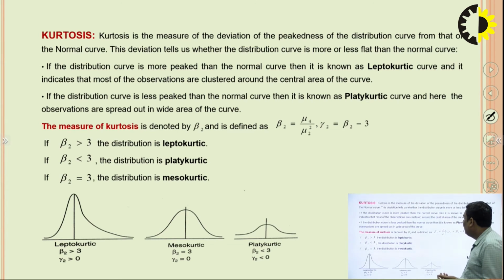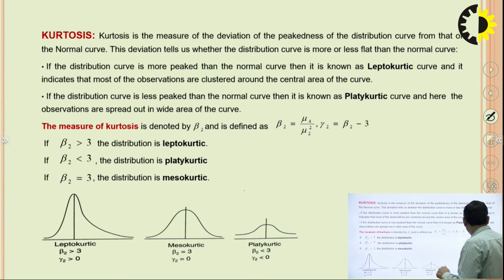This deviation tells us whether the distribution curve is more or less flat than the normal curve. It will either be flat or peaked, so it talks about height. If the distribution curve is more peaked than the normal curve, that is known as leptokurtic, and it indicates that most of the observations are clustered around the central area of the curve.